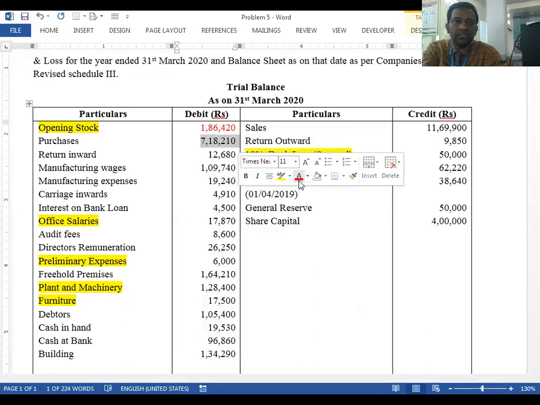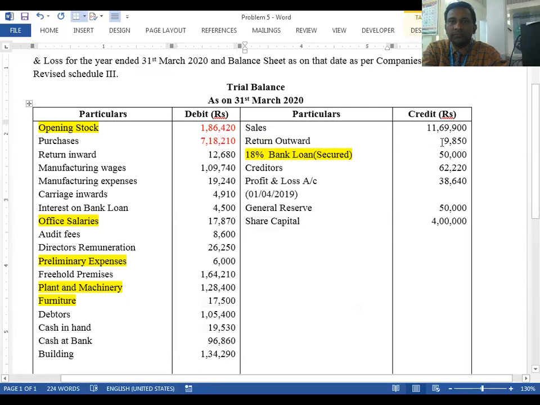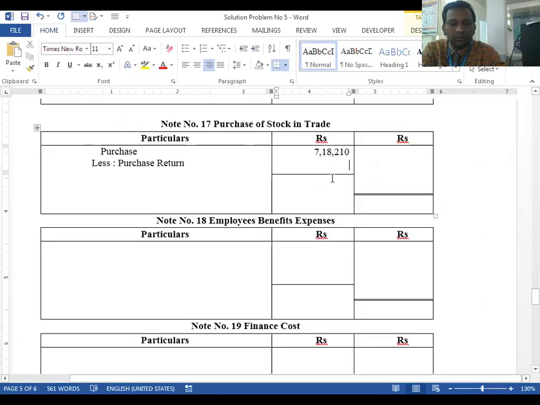We already took this item. What is return outward? 9,850. Yes.